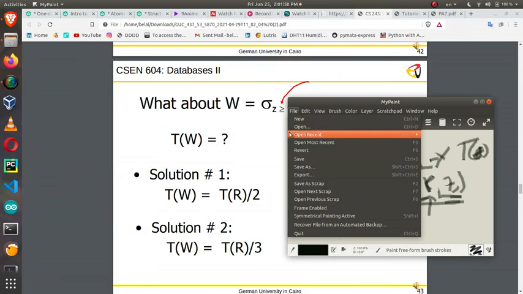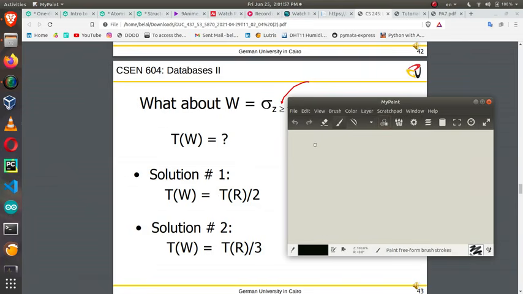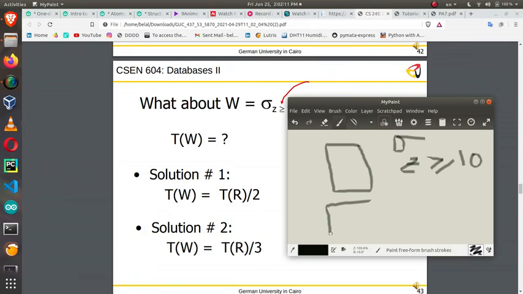We wanna know the origin of this rule, T of R over 2. So suppose we are selecting all tuples with Z greater than or equal 10. Okay, so suppose we have two cases.